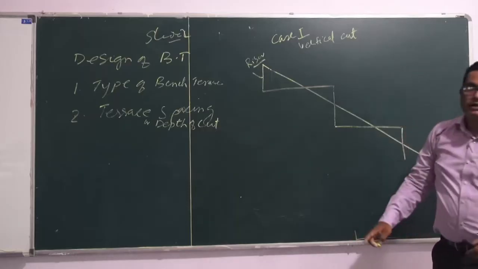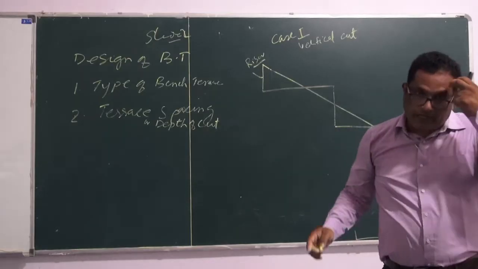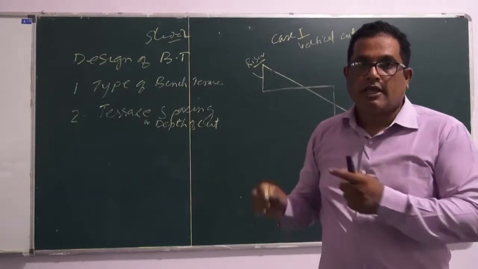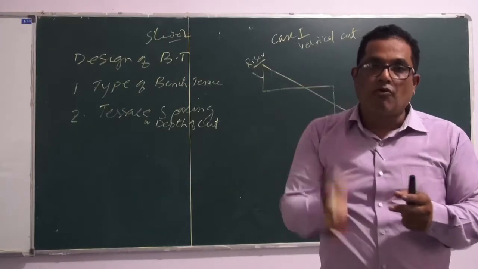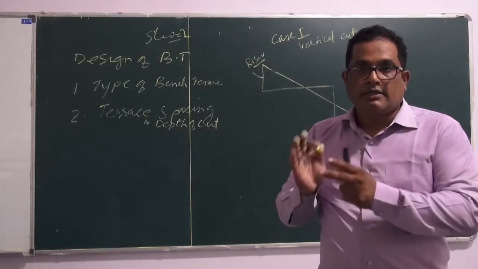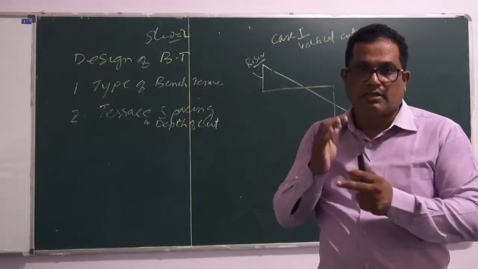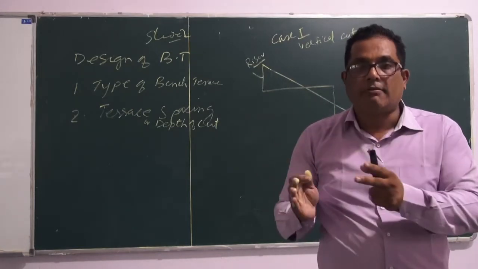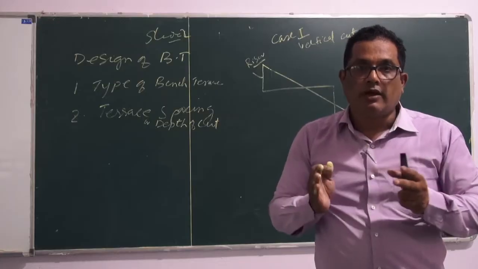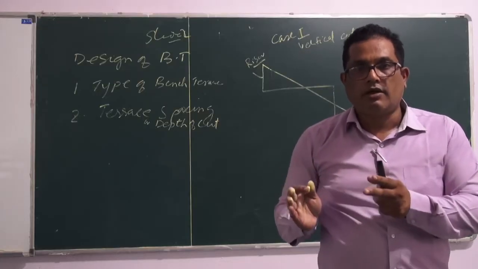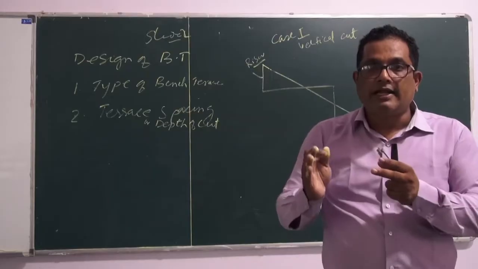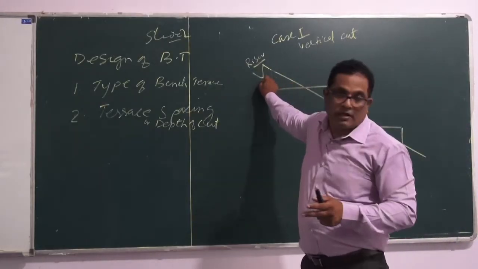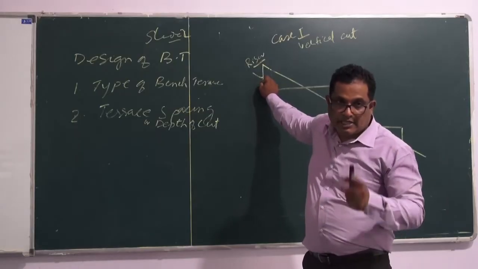Now, for going for a vertical cut, we cannot go beyond 1 meter of cut, and the soil should be stable. By stable, I mean it should be clayey type of soil. The stability of the soil will be in question if it is a sandy type of soil or unstable soil; this cut will not be sustained.